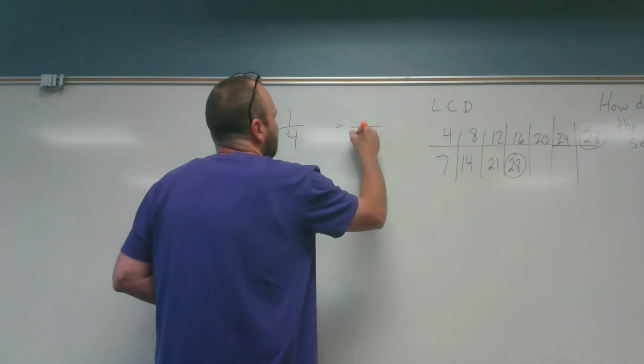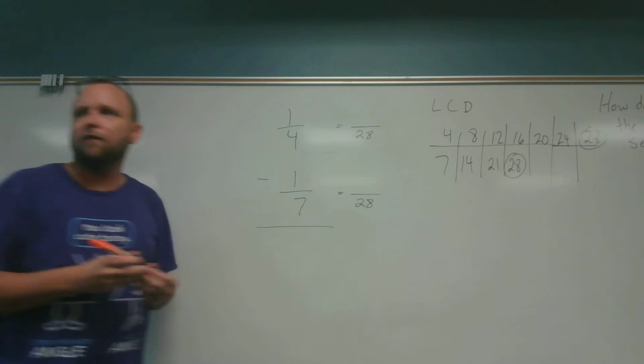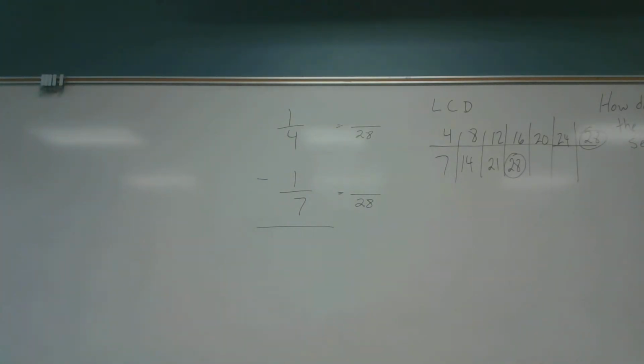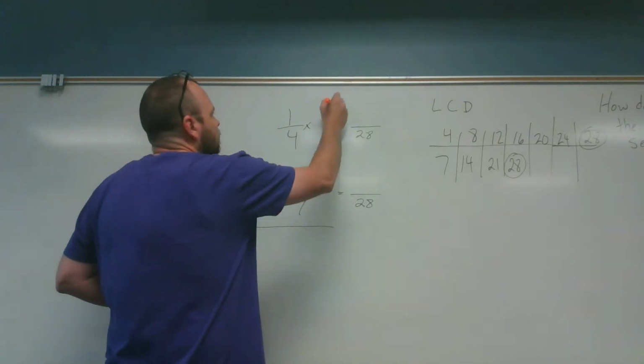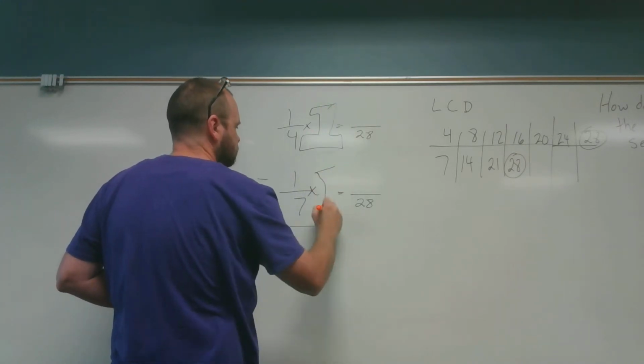So now, Morgan, I need to change both of these so that they have a denominator of 28. Do either one of them have a denominator of 28 right now? No. So I'm going to have to multiply both of these by a fraction that equals 1.